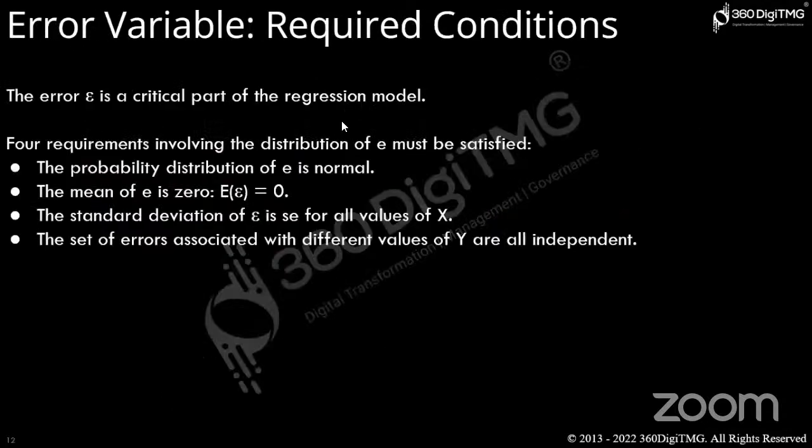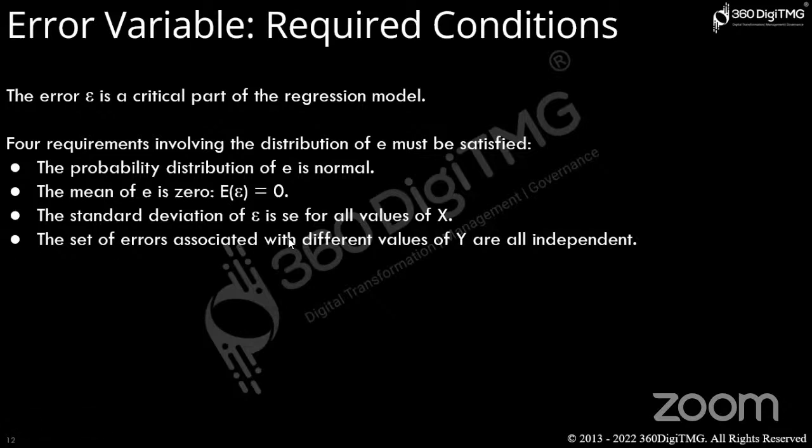And when it comes to the error variable, the error term is a critical part of the regression model. We have one property for the error term: it should be normal. Four requirements involved in the distribution of error must be satisfied. The probability distribution of E should be normal. The mean of the error should be 0.